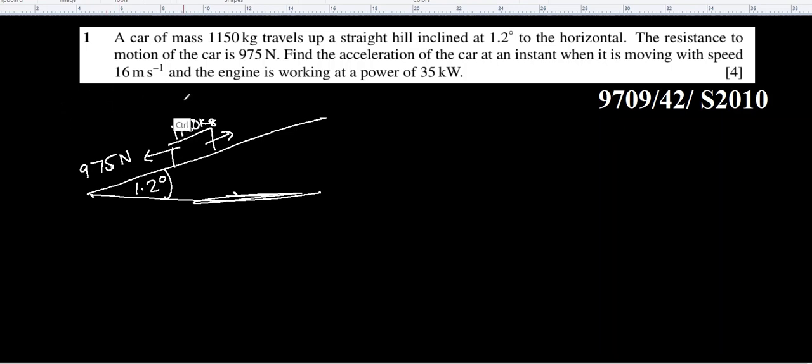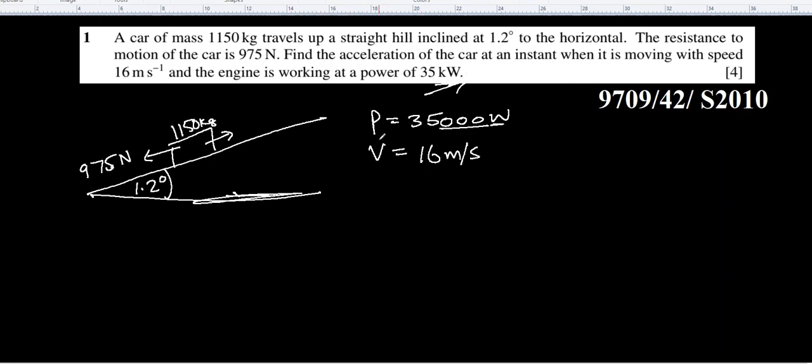They are giving that the power of the engine is 35 kilowatt, that means 35,000 watt. We can't use kilowatt, we have to use watts, so kilo will be interpreted as 1000. The speed of the car is 16 meters per second, and they're asking us to find the acceleration.